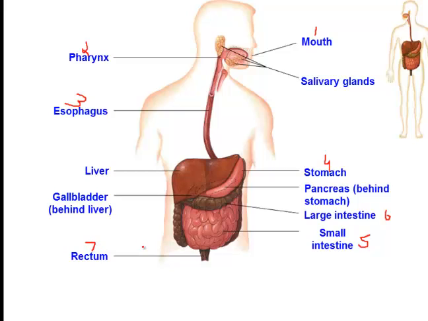Now, other things that are involved with digestion but which food does not pass through, these are your accessory organs. Your salivary glands are going to make saliva, very important part of the digestive process. Your liver is an essential organ, not just in digestion but in life in general, because it helps to clean your blood and regulate a lot of different processes.